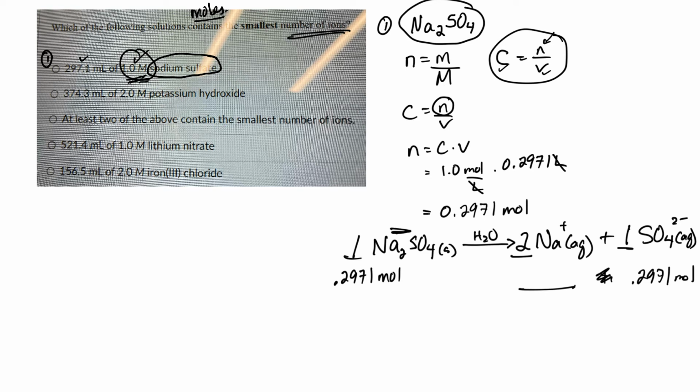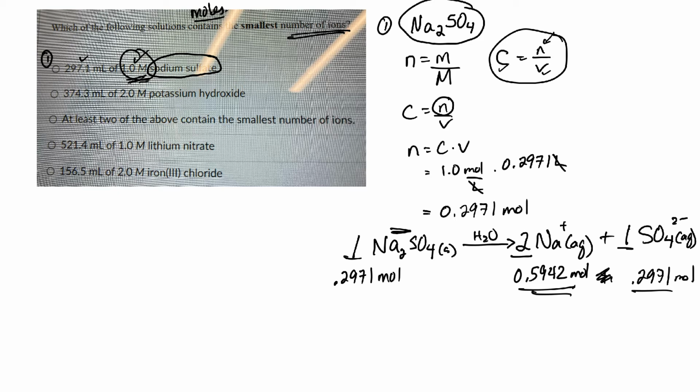Calculator. So 0.2971 times 2 is 0.5942 moles. So they're saying which solution contains the smallest number of ions. So now I just would add these two together. Typically, that's a funny thing to do. If I'm doing stoichiometry, I typically wouldn't do that.